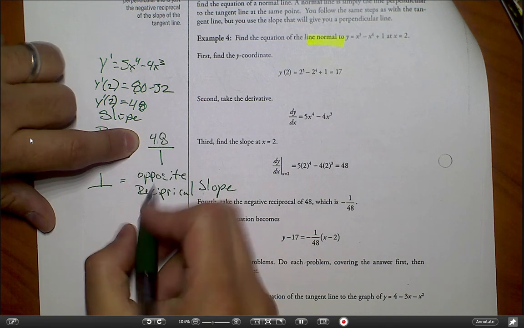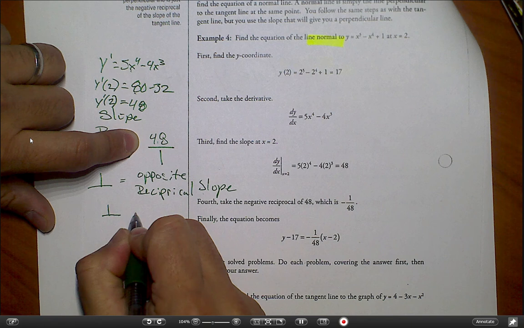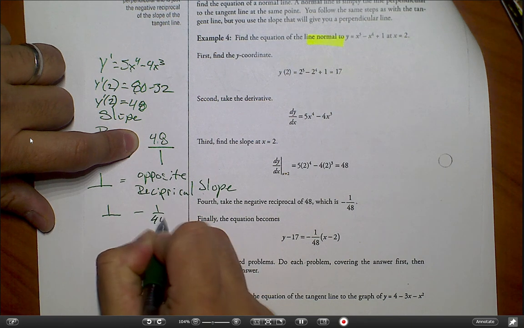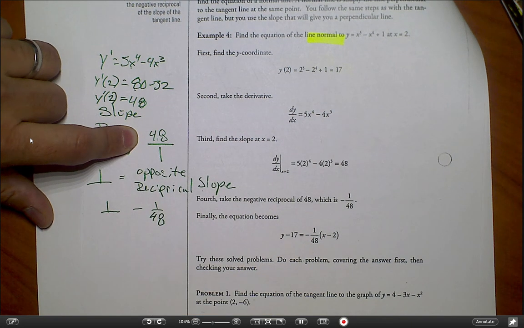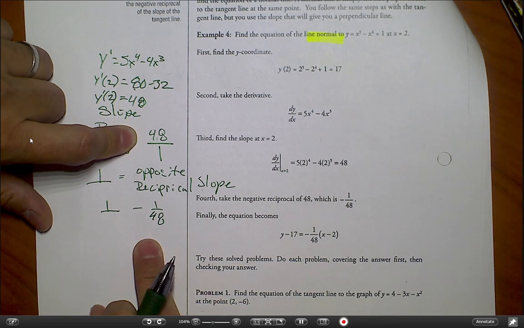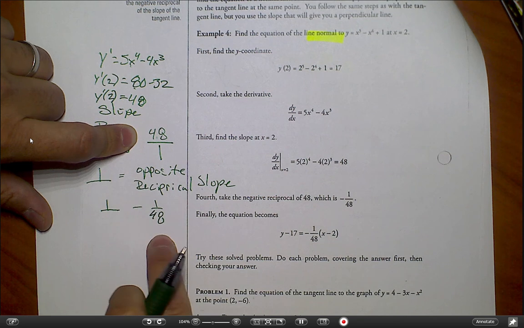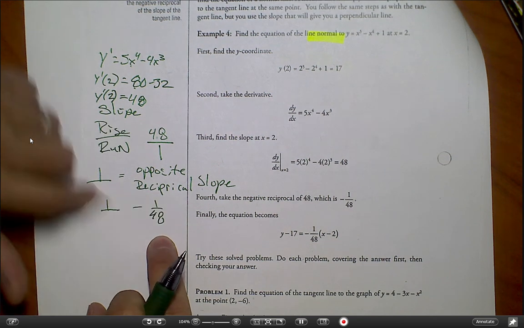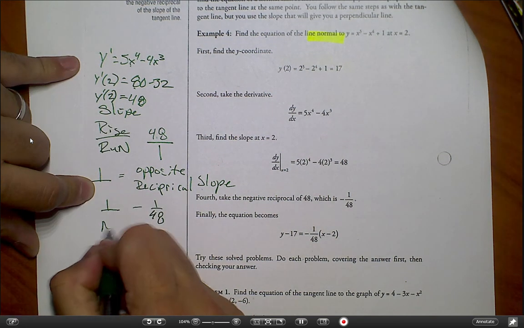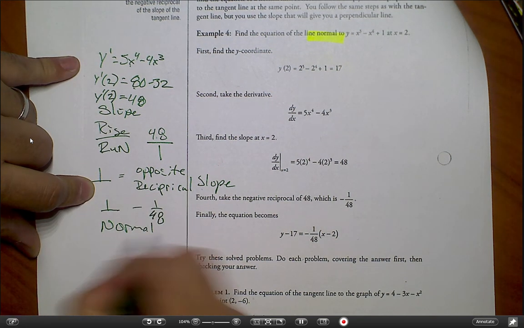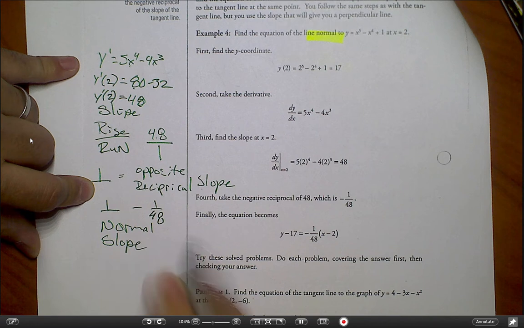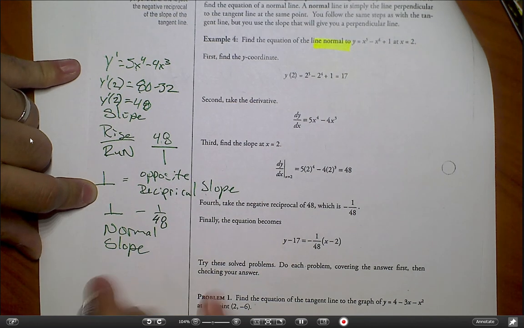So altogether, negative 1 over 48 is perpendicular. That's the new slope right there. So that's important. This is the normal slope. That's my normal slope right there.